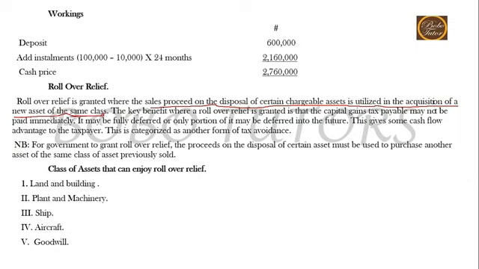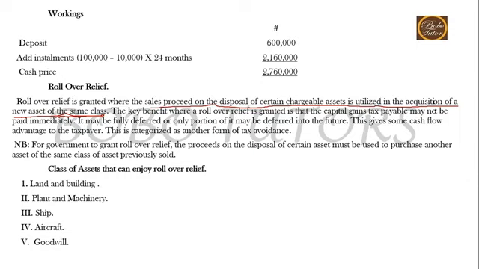For example, if you sold land and you use that money to go and buy plants and machinery, there is no rollover relief for you. Remember the clause that you must purchase assets of the same class.